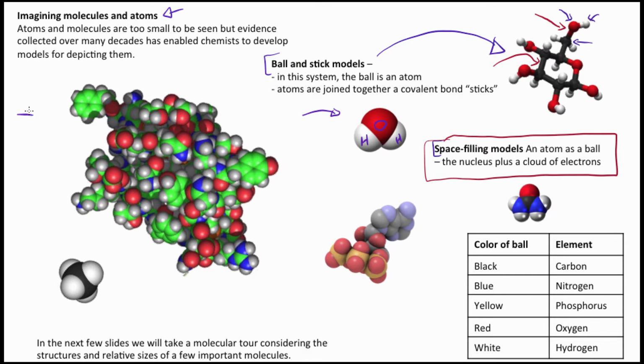This one's a freaky example over here that doesn't use the same color coding system that we typically use. Often black is for carbon, blue represents nitrogen, yellow or an orange is phosphorus, red is oxygen, and white is hydrogen. That's kind of the theme that most of the models follow.